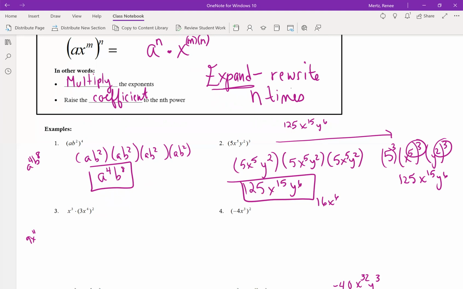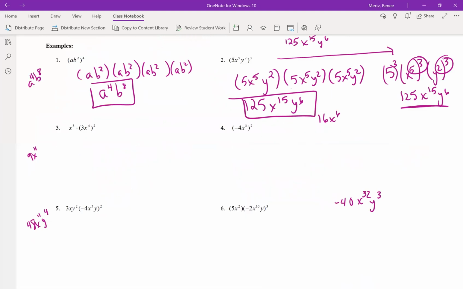So it's your choice. So again, I think expanding leads to more success when you're doing these problems.